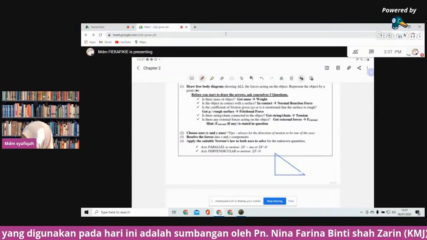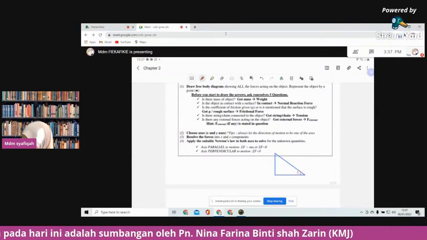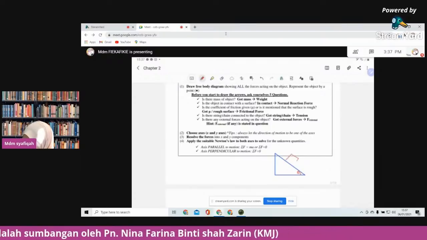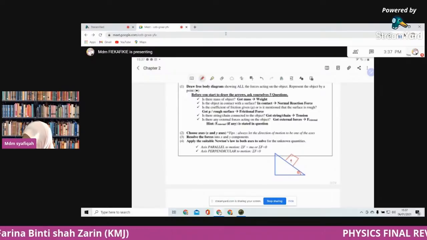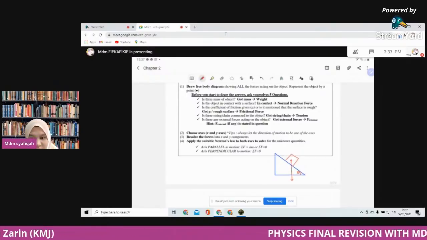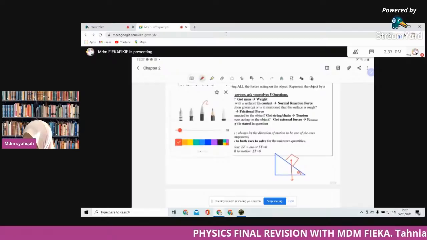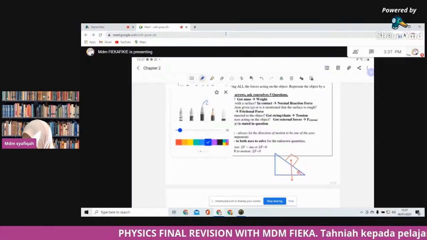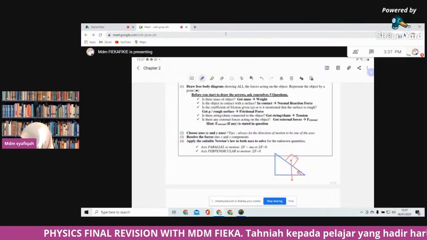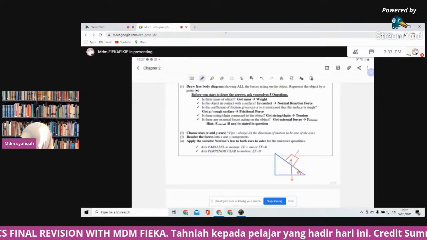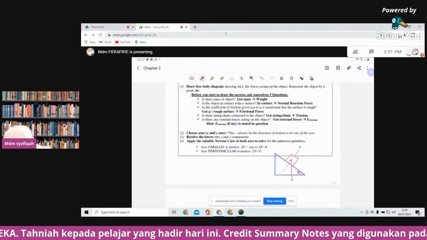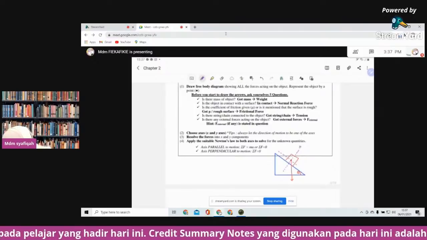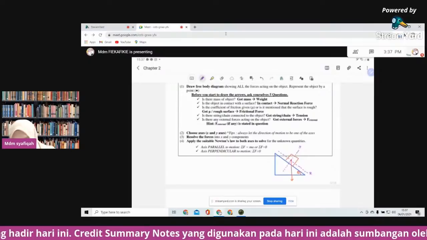So this is the angle theta, and then we have object here. Okay. So tengok sini weight downward. Kan straightly downward tu. Saya tukar color. Okay. So this one is perpendicular to the surface y, and then we have perpendicular to the x surface. Okay.